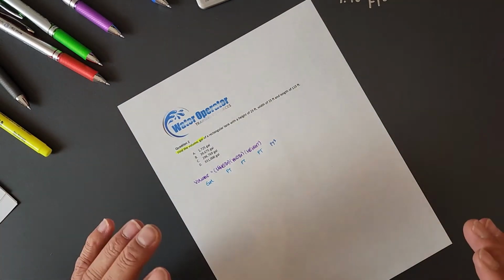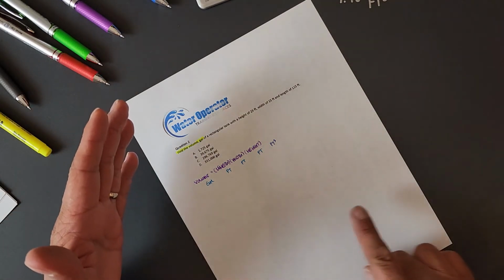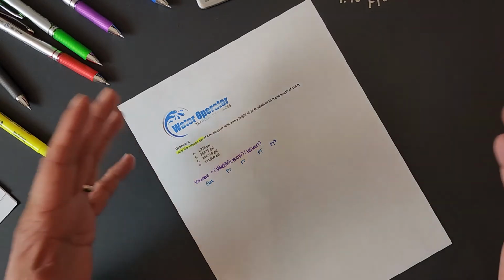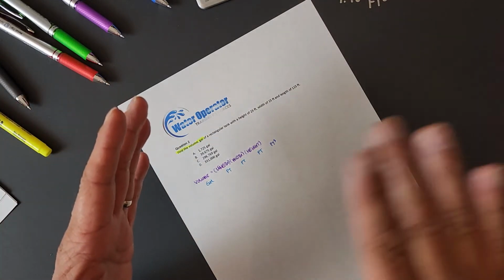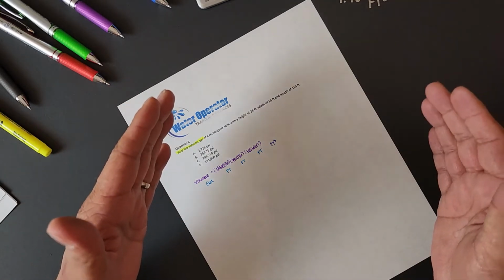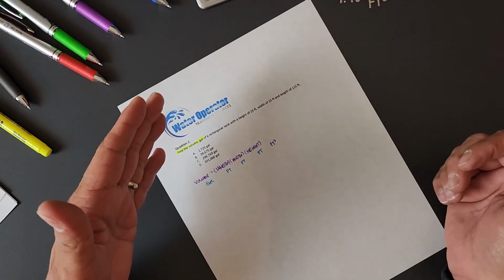Every operator should understand that if I have a container that's 1 foot in length, 1 foot in width, and 1 foot in height, and I fill it full of water, I have a container that's 1 cubic foot, and it will hold 7.48 gallons.